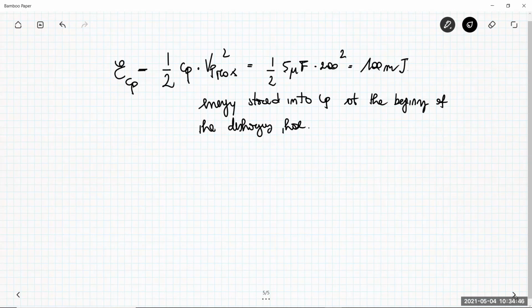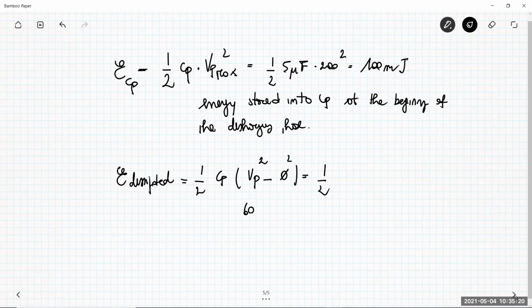Which is the energy which is dissipated by the resistor? Let me call this the energy dissipated. The energy that we have to dissipate is 1/2 Cp times Vp at the beginning of the phase in which the resistor R is working, so it's 60 volts, minus the energy at the end, so it's 0.